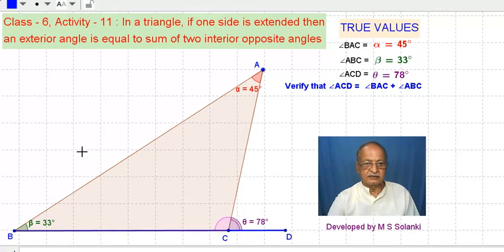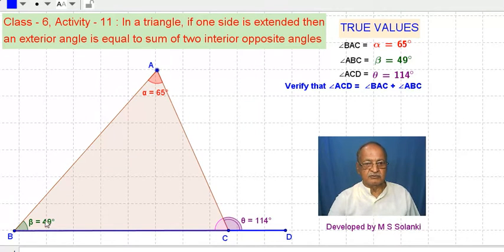In the first column write the serial number, second column the value of alpha, third column the value of beta, and fourth column the value of theta, that is angle ACD. And then in the remark column you check whether you are getting the result or not. The first position we have given, I showed you earlier.